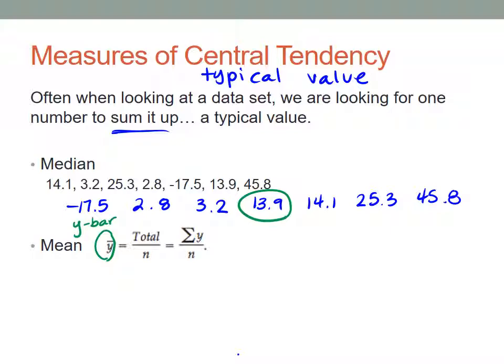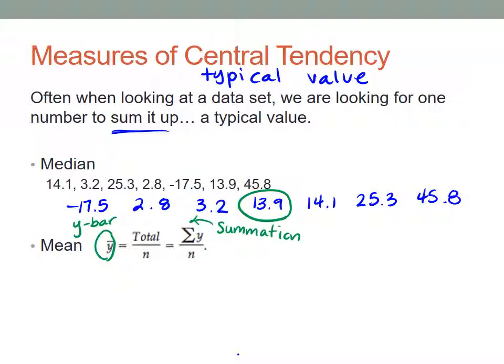It's saying find the average of some variable y, and you do that by adding up all of the numbers and dividing by how many there are. And again, this may be notation that some of you have seen and some of you haven't. This is just summation. That symbol is basically saying sum up all of the y's and divide by the number of the y's.